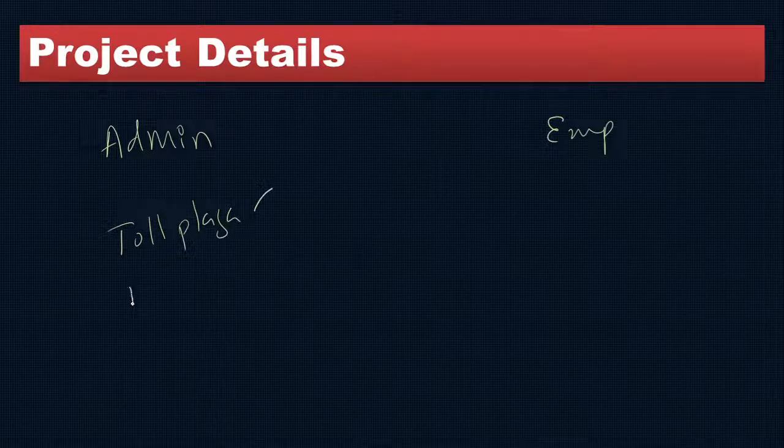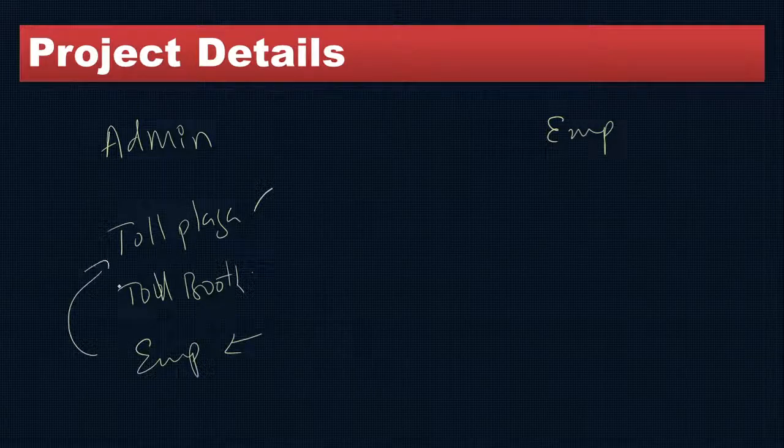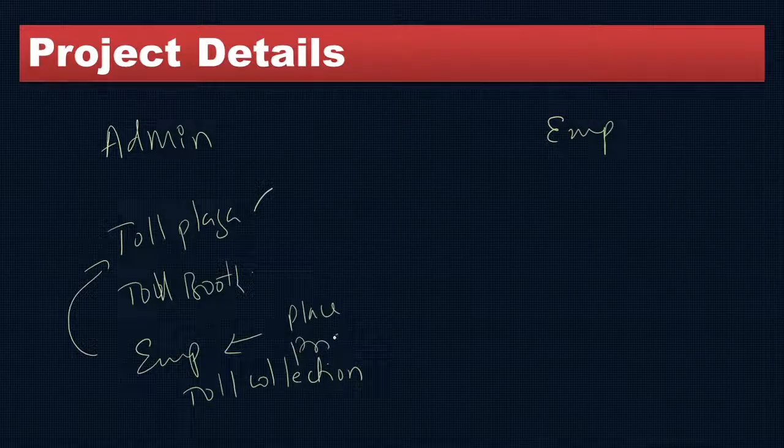Then what toll booths are there? Individual booth detail. Then you can create the employees. Then you can allocate this employee to a particular toll booth. Then toll collection. Before toll collection, probably you need to put the price. What is the price? So places actually. So where are the places? And what is the price?